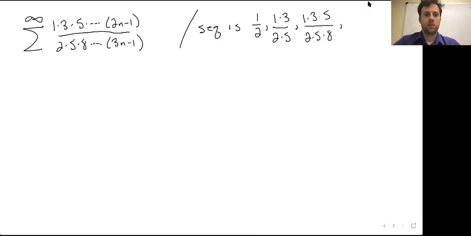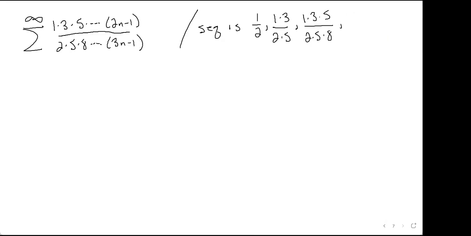And then we have the first 4 odd numbers, and then we go up 2, 3 more is 5, 3 more is 8, 3 more is 11, and so on. So that's the sequence that we're making, and we're adding all of these up.